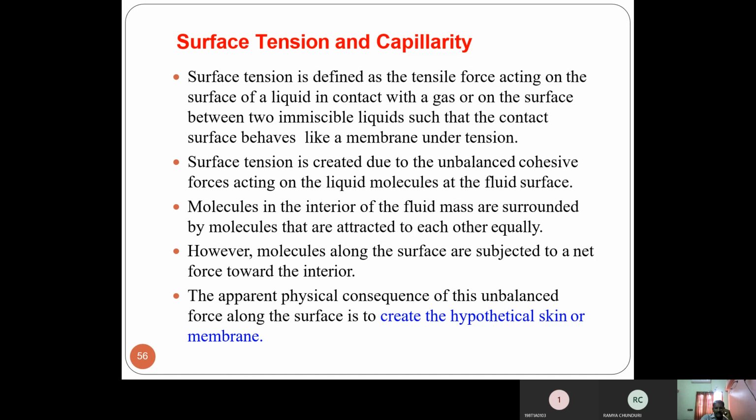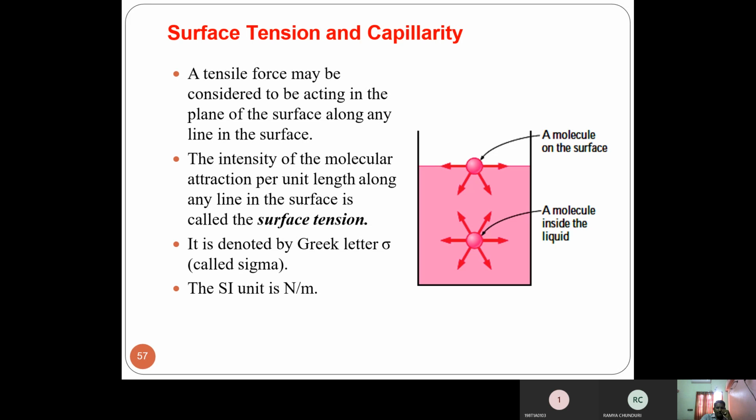This invisible veil, or hypothetical skin or membrane, will always lie in tension because of this tensile force. A tensile force may be considered to be acting on the plane of the surface along any line in the surface. The intensity of the molecular attraction per length along the line of the surface is called surface tension.